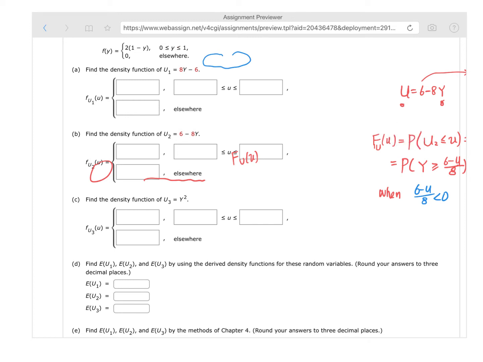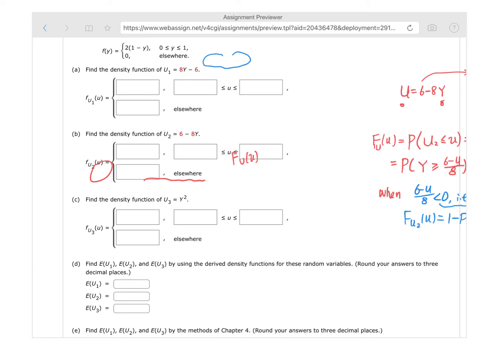In other words, when u is greater than 6, how do I know? Because if your y is less than 0, the corresponding u is above 6. Then F_U2 of u is 1 minus the probability that y is less than or equal to something less than 0, which is 0. So this is 1.